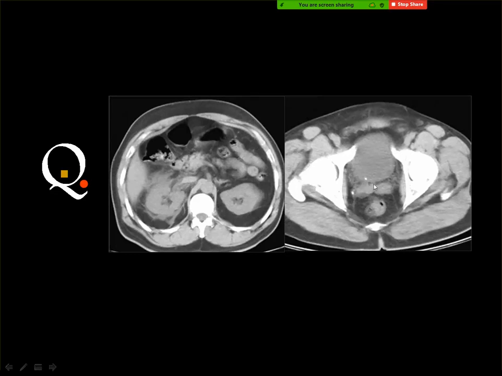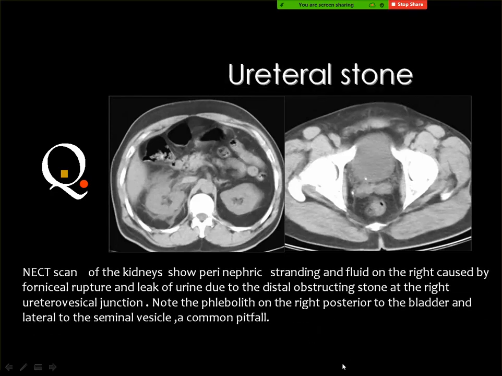Yes. Okay, this is good. And this stone is impacted at the vesico-ureteric junction with perinephric dirty fat response. And you get no excretion of contrast and stranding of the perinephric fat.